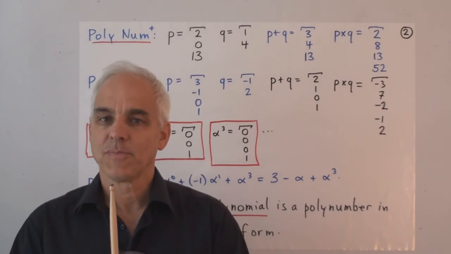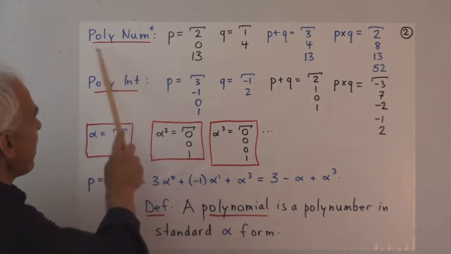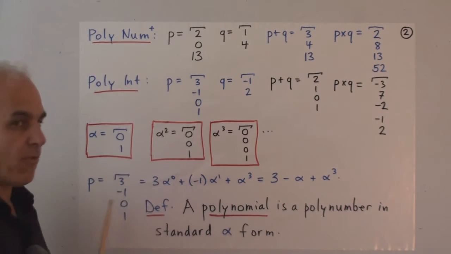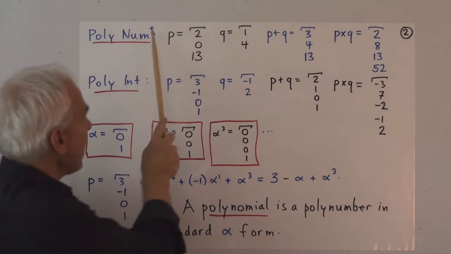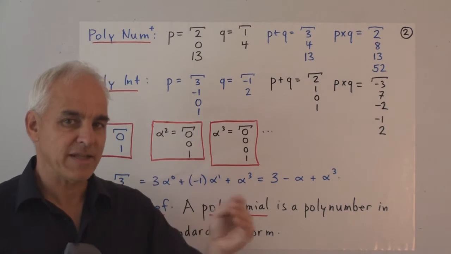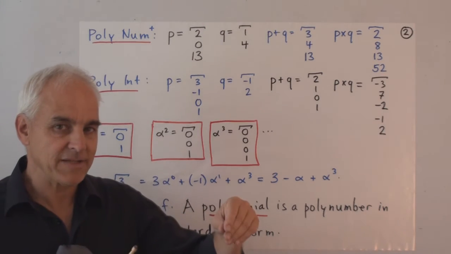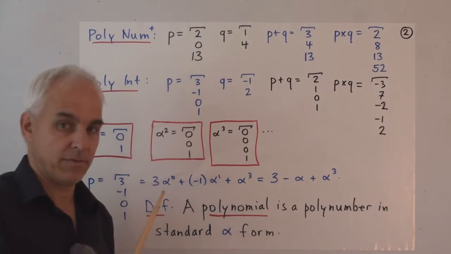We started studying positive polynumbers. These were a type of mathematical object that we gave this name, polynumber with a plus sign. And the plus sign refers to the fact that we're including 0 as well as the natural numbers. So we're going a little bit past the natural numbers, including 0 in the coefficients allowed.